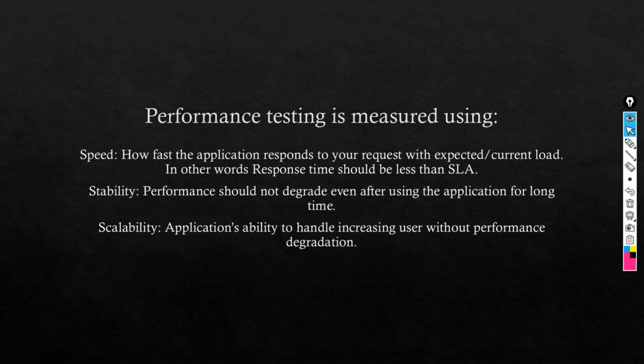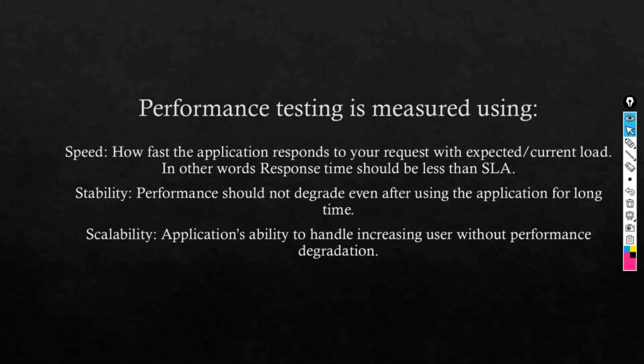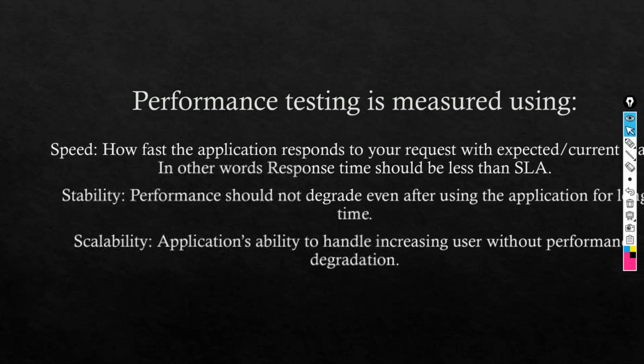So that is the SLA. Here, speed refers to how fast your application is loading while applying some load, how fast your pages are loading, how fast we are getting the response. That is related to speed.